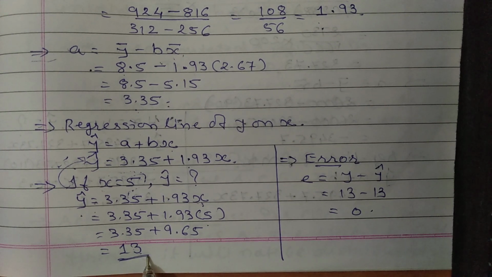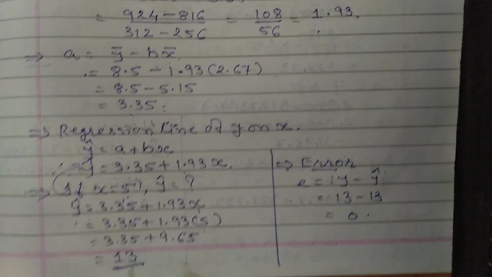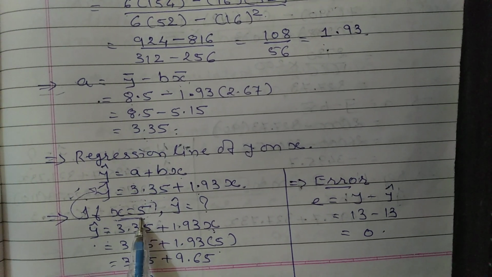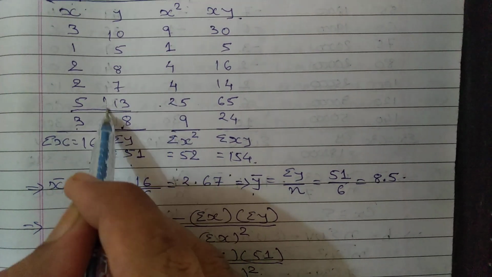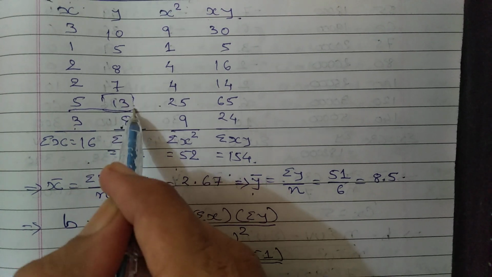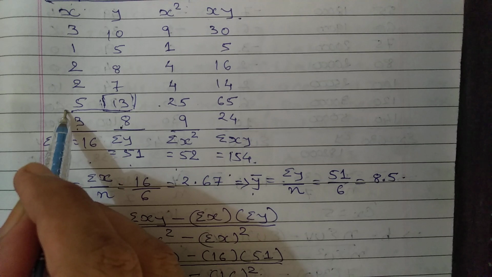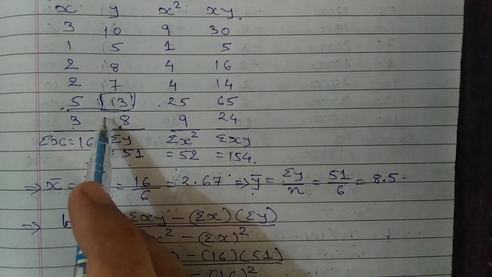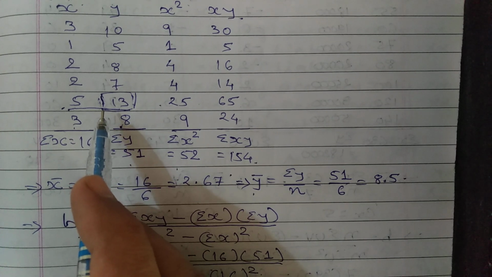Now, understand properly. They have asked to find the error, whether such an error is there or not. At x equal to 5, we have the value of y, that is 13. This is your y. We have to find whether such an error is there or not.